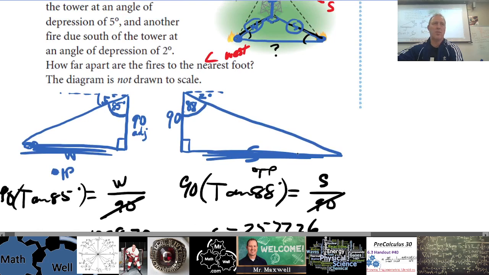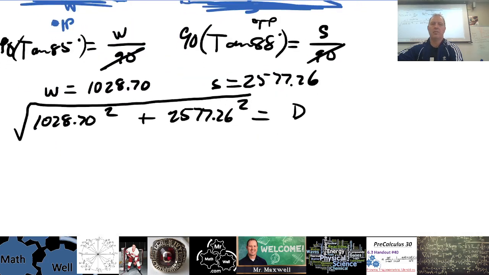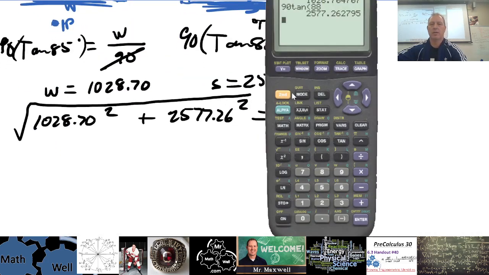Does that look about right? Okay, so let's do one final calculation here. Square root of 1028.707 squared, I'll use more decimal places than I need, plus my previous answer squared. 2774.9805.